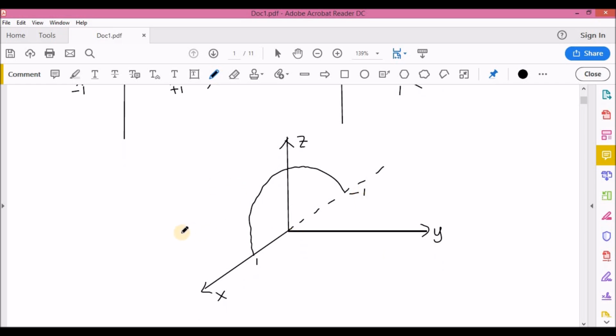Meaning that now I extend my y-axis. So I draw again, and this will be easier when I draw.